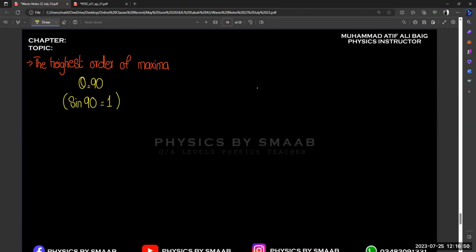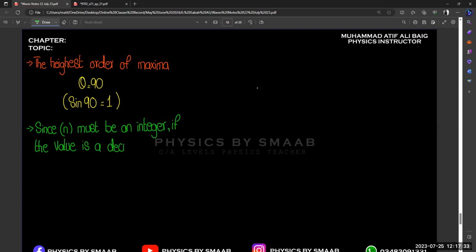And one more thing, if we talk about small n, since small n must be an integer, if the value is not an integer, then it must be rounded down.